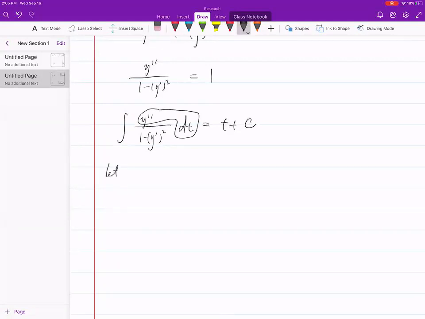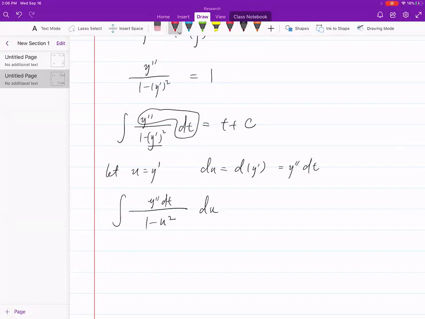If you're not happy, just let u equal y prime. Okay, then what you're really looking at is y prime prime dt, 1 minus u square, where u is just y prime, right? Okay. Now you just wish you have du here. What is du? du is dy prime, which is the derivative of y prime, which is y prime prime times dt, which happens to be just this.